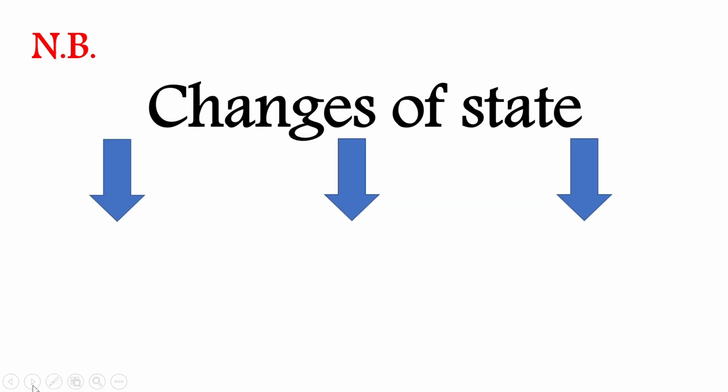Some important points regarding changes of state. We took water as an example. Ice turns into liquid water. Liquid water turns into water vapor or steam. Regarding changes of state, is a new substance formed?